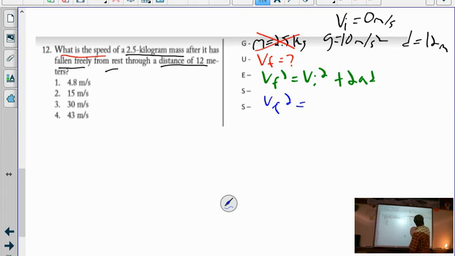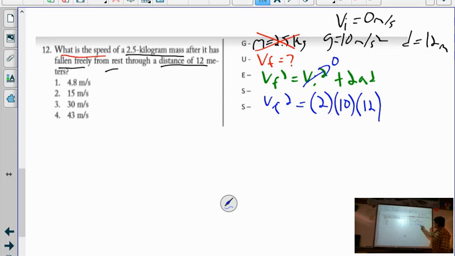VF squared equals, that's 0, so it's 2 times the acceleration of gravity, so that's a G, times 10 times the distance of 12. 12 times 10 is 120. 120 times 2 is 240. But that's VF squared. So to get VF, I need to take the square root of 240. And if I take the square root of 240, I get 15.5.